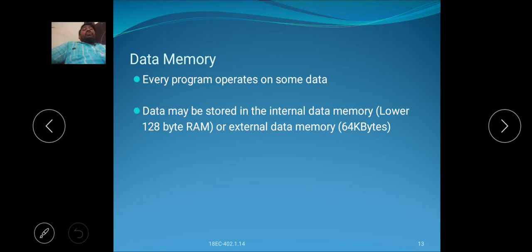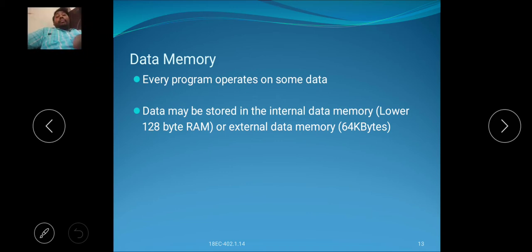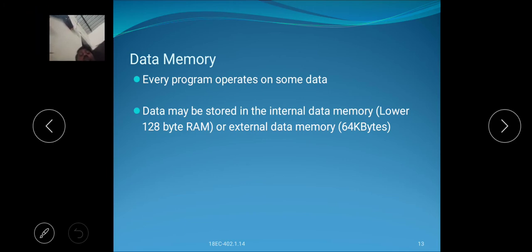The data may be stored in the external data memory of 64 kilobytes or in the lower 128 bytes of RAM.